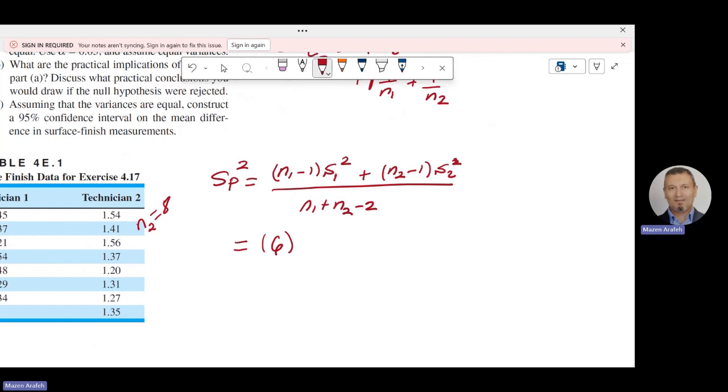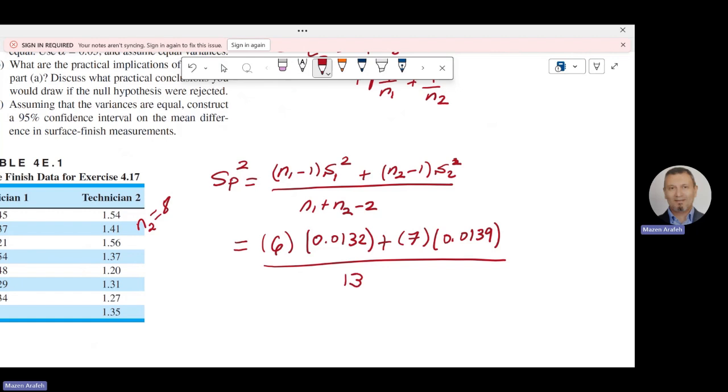times the variance of the first sample, which is 0.0132, plus n2 minus 1, that is 8 minus 1, 7, times the variance of the second sample, which is 0.0139, divided by n1 plus n2 minus 2, that is 7 plus 8 minus 2, that is 13.